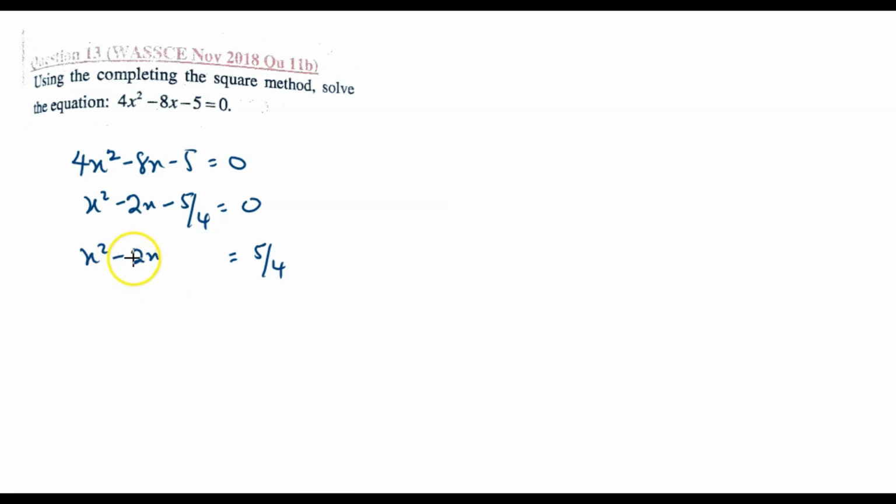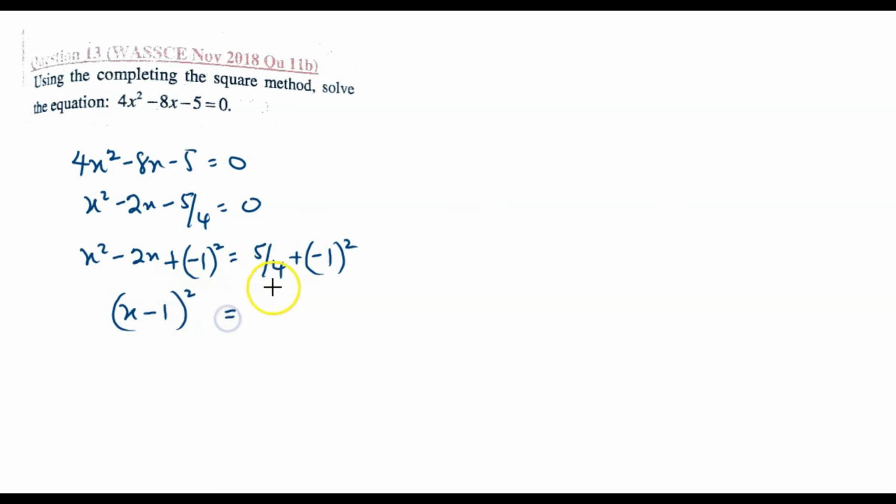When you divide negative 2 by 2, you get negative 1. Then you square the negative 1 and add it to both sides of the equal to sign. So we have plus negative 1 all squared on both sides. Then automatically the left hand side has become a perfect square. So you can write the factors for that, and that will give us x minus 1 all squared.